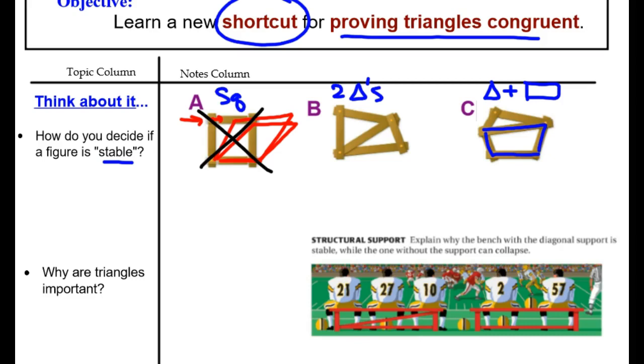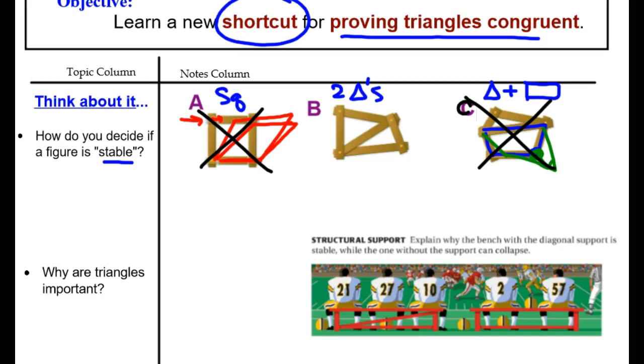And on this one over here, letter C, we could take this button right here, and if I pulled it out a little bit, that would expand it, and again, this one would move. So that one is not stable.